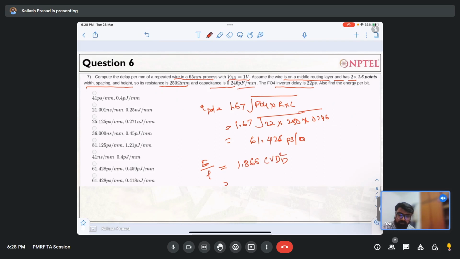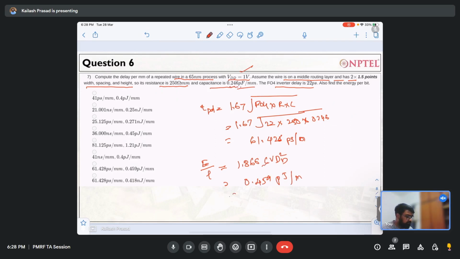If you put in the values, you will get 0.459 picojoule per millimeter. VDD given is 1 volt, and the capacitance is already mentioned, 0.246.